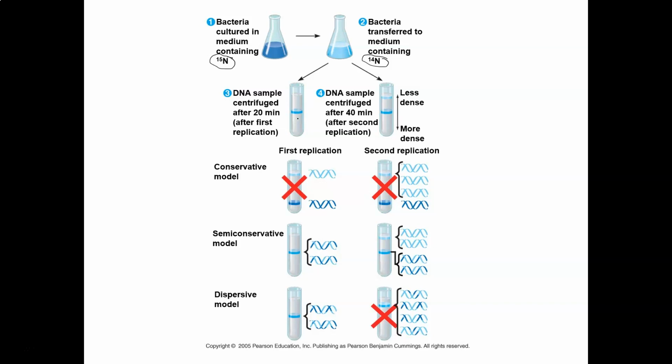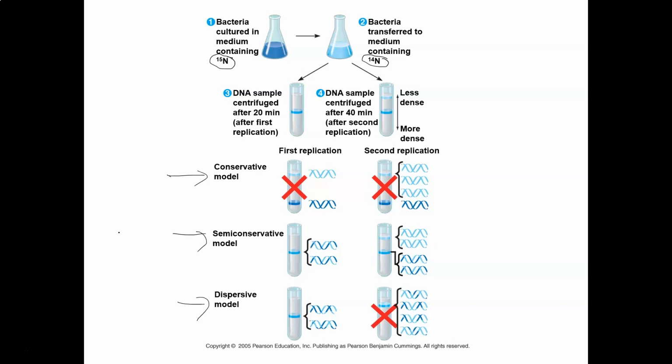Wherever there was DNA in the tube, they would be able to see it, image it. So they looked for how many bands there are in the tube.